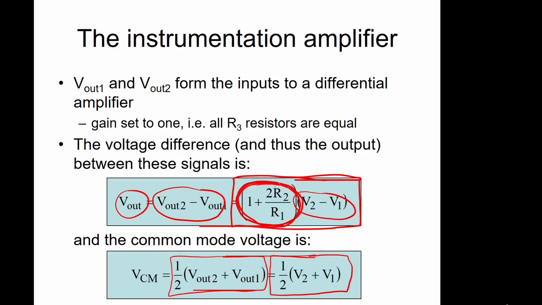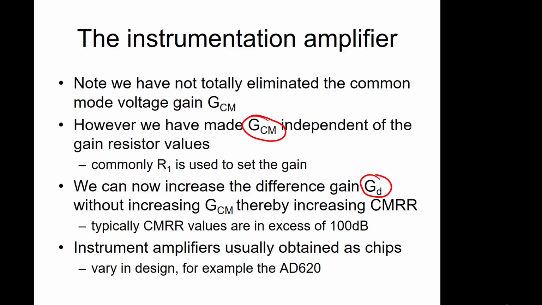And what that means is we can set this to be a very high gain while keeping this gain constant, and therefore we effectively increase our common mode rejection ratio. So we haven't totally eliminated the common mode gain, but we have effectively reduced its effect because we've increased the common mode rejection ratio, and we can get common mode rejection ratios well in excess of 100 dB. So that's better than just the normal difference amplifier.